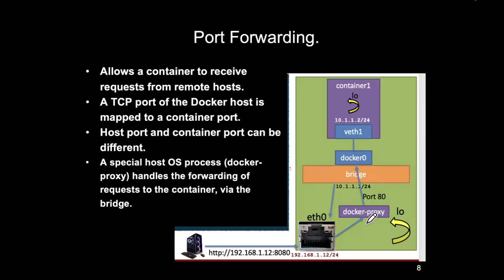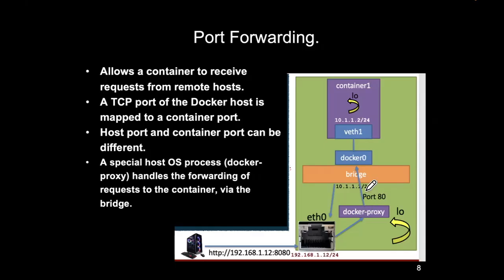So this takes care of any requests that come into the host that are targeting a particular port of the host, where that host port has been mapped to a container port. Those types of requests are handled by this separate operating system process. You can get by without knowing all of that going on in the background, but this image describes that flow.